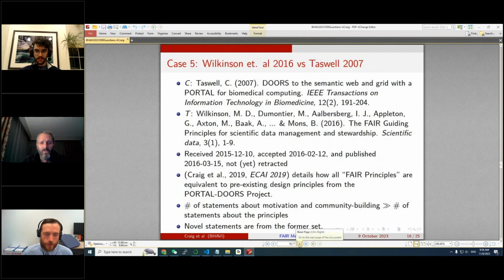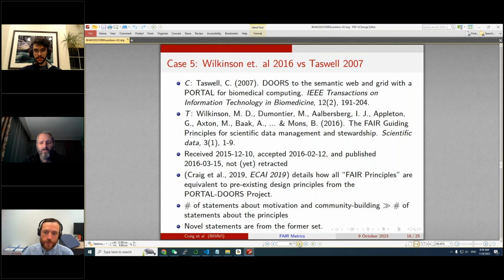And now finally, there's Wilkinson et al. So this isn't our first rodeo taking a look at the Wilkinson et al. paper here, which was published as an opinion piece in Nature Scientific Data. In our eScience 2019 paper, we did detail how there is an exact correspondence between the pre-existing design principles described in Taswell 2007 and the so-called FAIR principles.